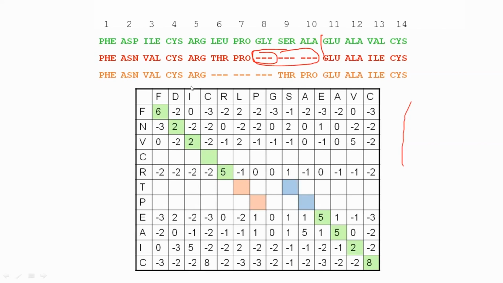But in this case, we have introduced gaps or insertions at another point of the sequence such that it can get more of the same kind of identical sequences that are matching. Here we can see these are identical.